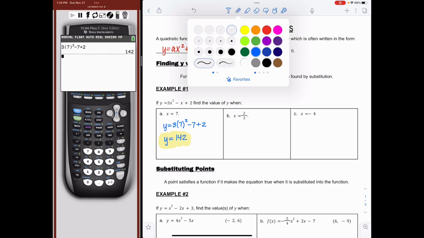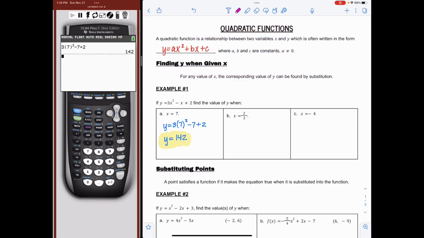For the next one, we have that x needs to be equal to 2/3. So I'm going to do the same thing. I'm going to substitute in 2/3 in for x. So I'm going to have y is equal to 3 times 2/3 squared minus 2/3 plus 2. So I'm going to type that into my calculator.